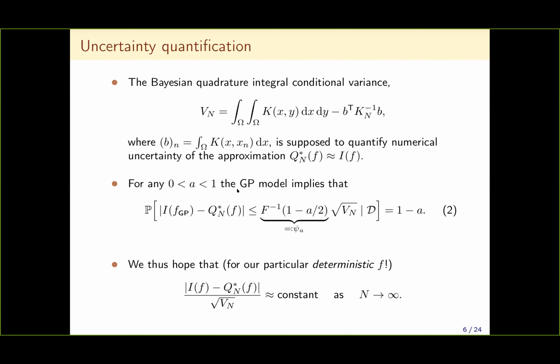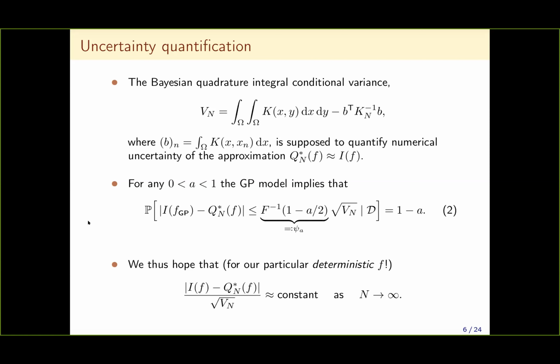So the GP model itself implies this kind of a credible interval, where this Φ is the cumulative distribution function of the normal distribution. It says that with some probability the integral of the GP conditioned on the data is approximately a standard deviation away from the BQ conditional mean.